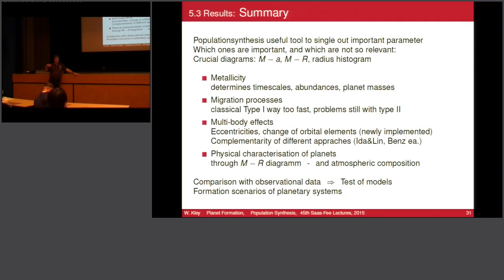If you believe the disk at a certain radius has such and such composition, then you can get a composition in the atmosphere of the planet that potentially can be observed in the future. The idea is that if you observe certain materials in the atmospheres of the planet, you can say where and how they are formed. This is, of course, the idea for the future: physical characterization of the planets and the planetary atmospheres in particular. Okay, that's basically what I wanted to say. Thank you.